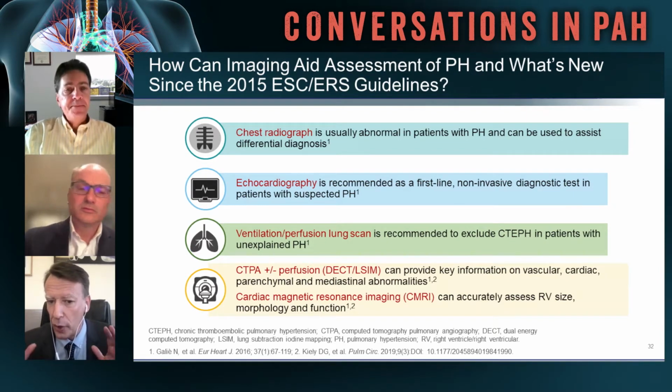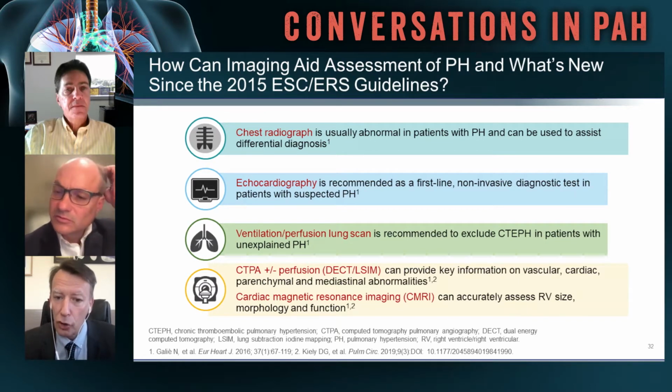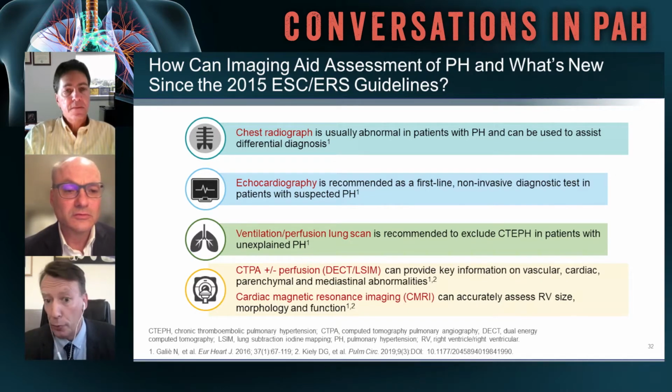CTEPH is always in the back of our mind because, as Dunbar and yourself said, it is a treatable cause of pulmonary hypertension, and we screen for CTEPH thanks to VQ lung scan, and then we use imaging modalities like CTPA, computed tomography pulmonary angiogram, and pulmonary angiography as a routine approach.